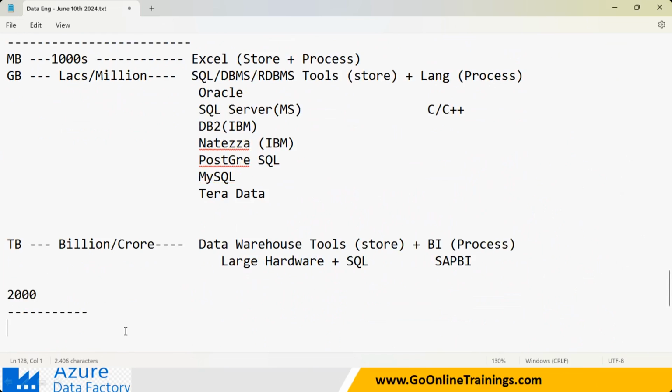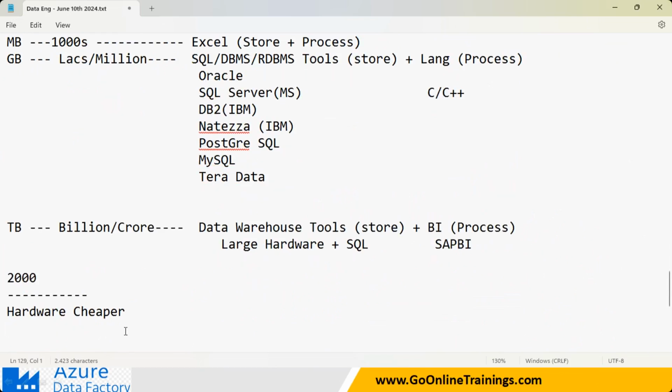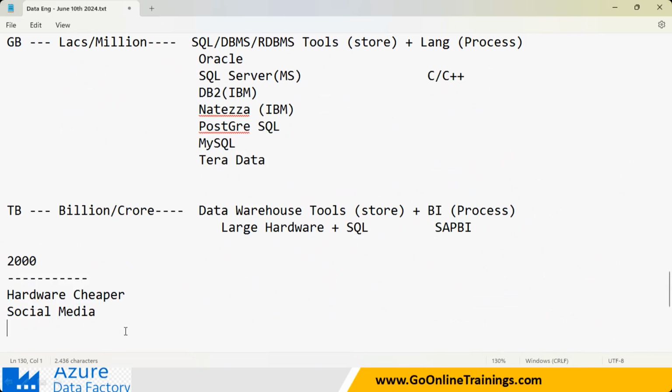Hardware became cheaper. So people started buying a lot of computers, social media was enabled, and everybody was using a lot of devices. Because of the internet, what happened? From year 2000 onwards, not only structured data but also a lot of chat data got created.